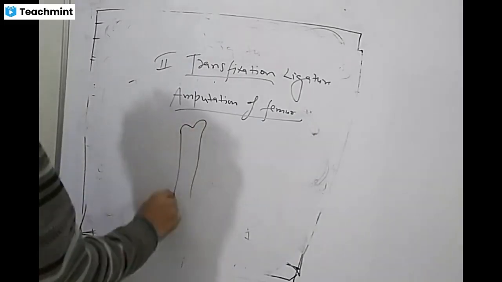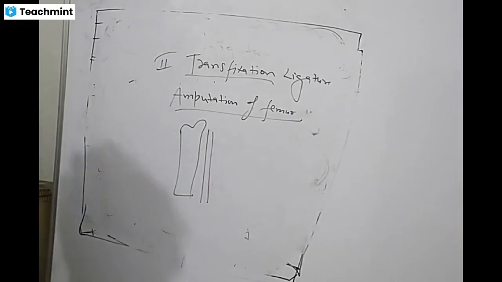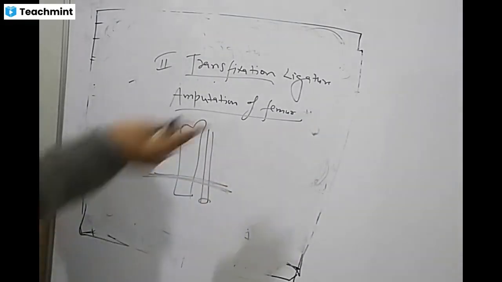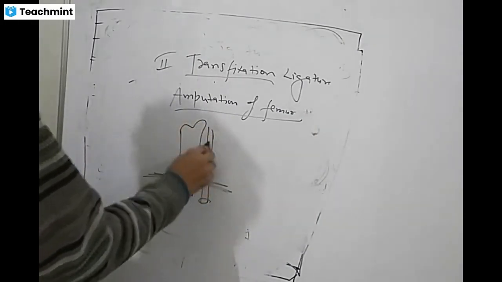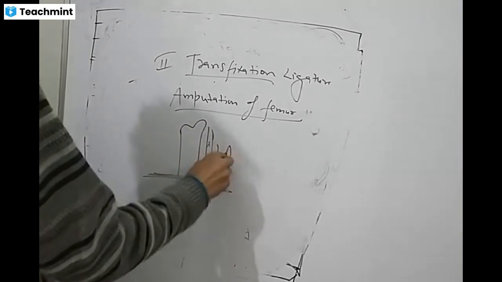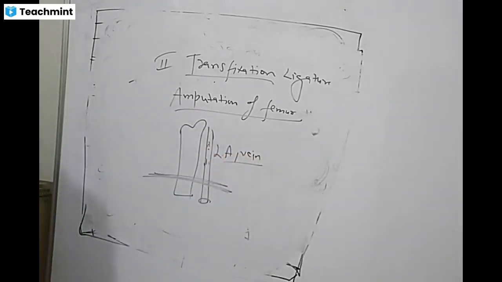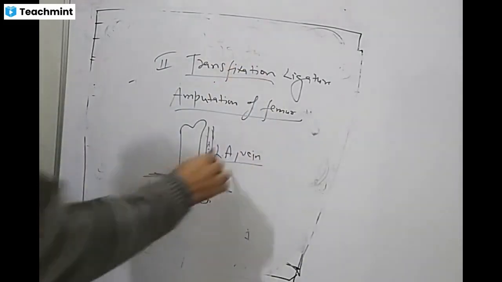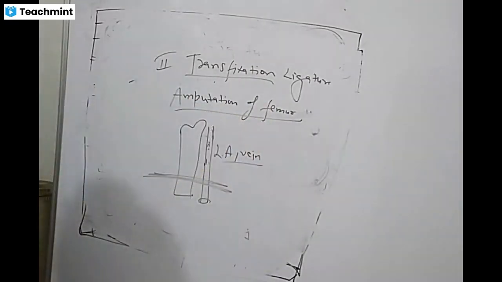This is the femur and these are the vessels running around it, and you want to amputate here. Before amputation, we ligate these large arteries or veins. Femoral vessels are large, so we do not take the risk of simple circumferential ligature.